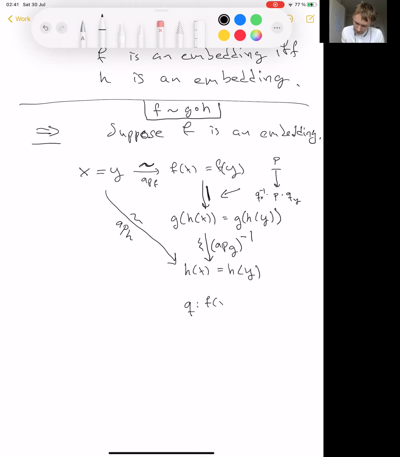Qx and Qy. So Qx is a proof that f of x equals g of hx.